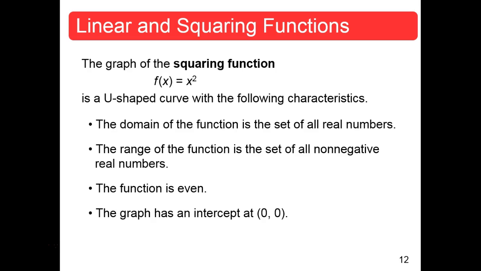Positive. You take a negative number, square it. Positive. The positive number, square it. Positive. Zero, you get zero. So you never get a negative number. So the range of this are values greater than or equal to 0. Non-negative is actually the better way to say it. Greater than or equal to 0.